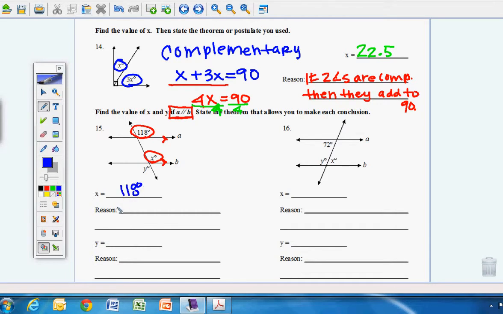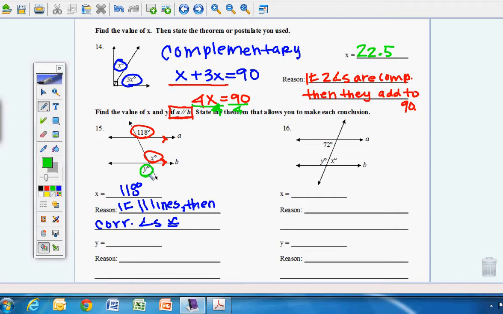And my reason is if, and again, these are if-then statements, if I have parallel lines, I can conclude corresponding angles are congruent. Okay, and then I want to figure out my y.